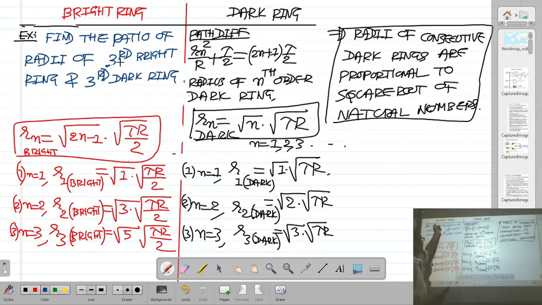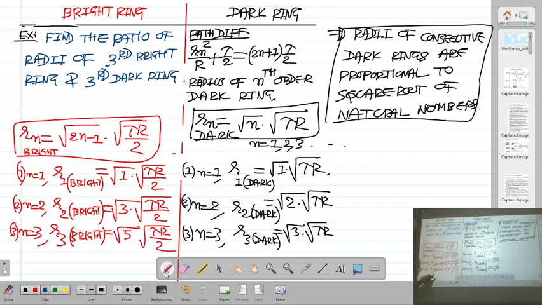You are asked to find the ratio of the radius of the third bright ring and third dark ring in Newton's ring experiment. As you can see here, we have derived the equation for the radius of the bright ring and dark ring. The radius of the nth order bright ring Rn is obtained from the equation under root 2n minus 1 under root lambda r by 2. You are asked the radius of the third bright ring.